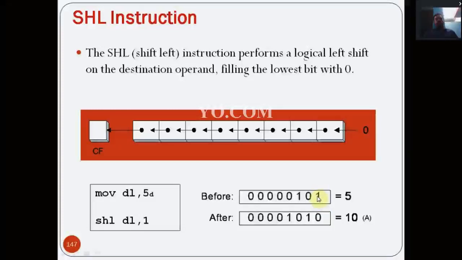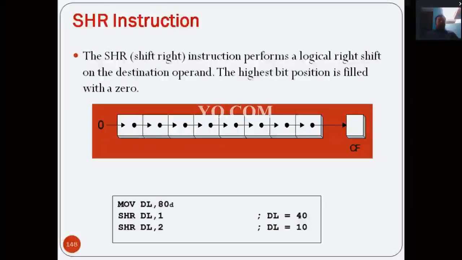Okay, so if you are doing left shift, the given number is multiplied by 2. The given input is 5. After one left shift, it is 10. So if you want multiplication by 2, we can simply do a left shift. Then similarly right shift, the same method: the data is shifted to the right, and the empty space is filled by 0.